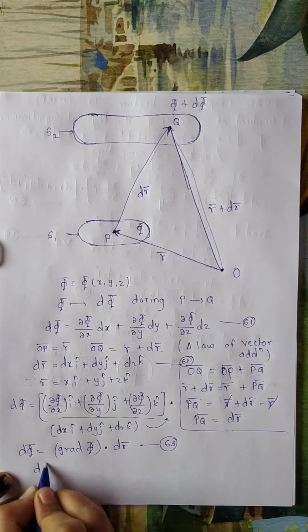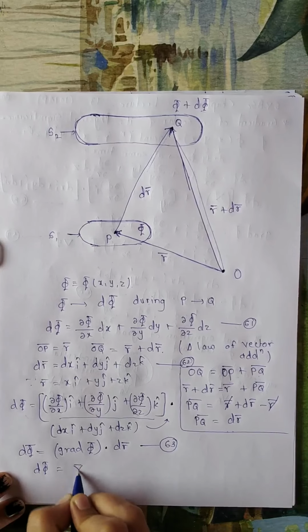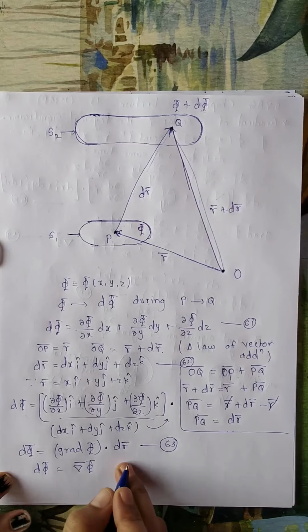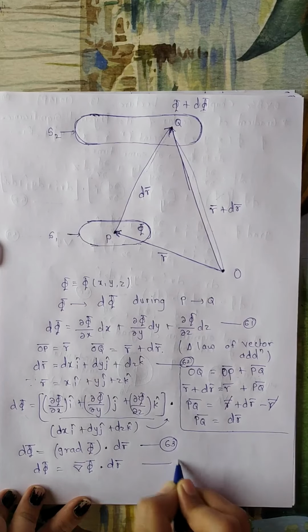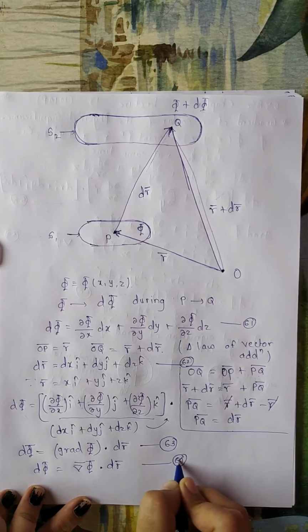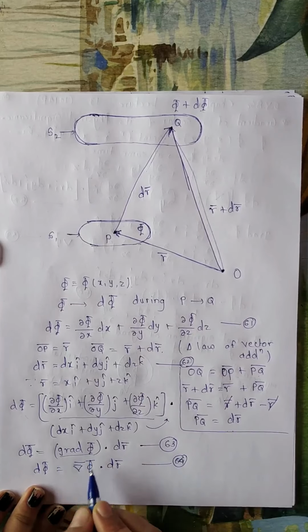So I can write this d phi as del bar phi, or del phi in short, dotted with dr bar. I will call this equation 64.